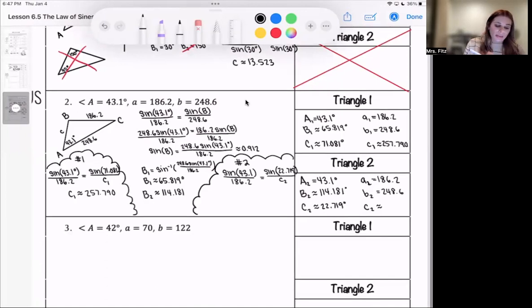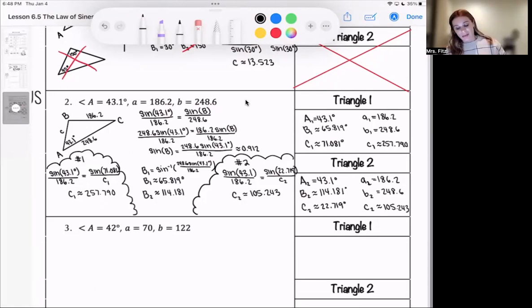Once you cross multiply and solve for that, you should get c sub 2 is about 105.243. Okay, so there is a case where we actually have two possible triangles that fit the given information.